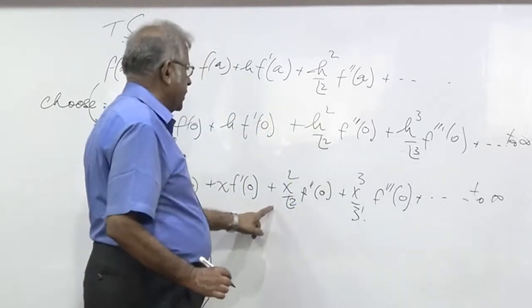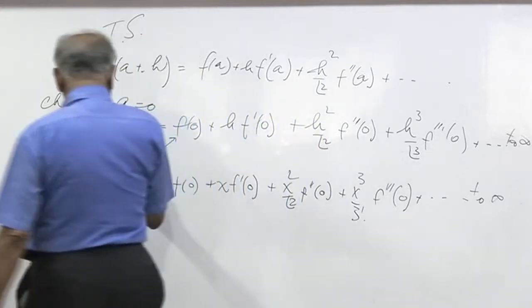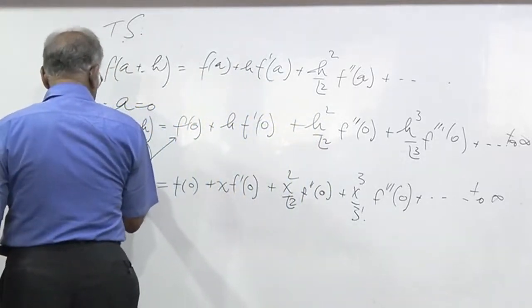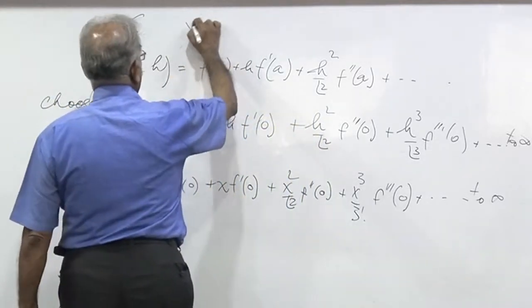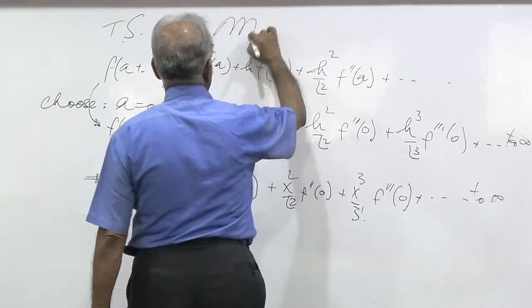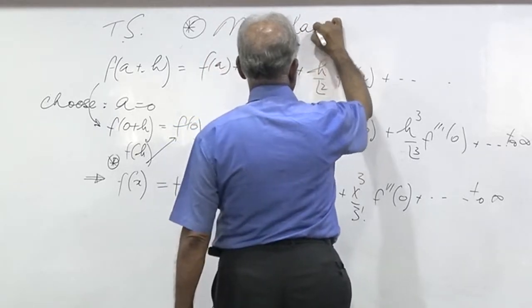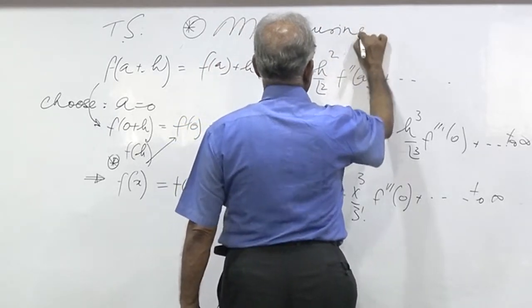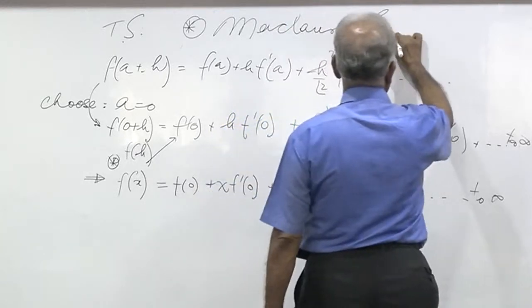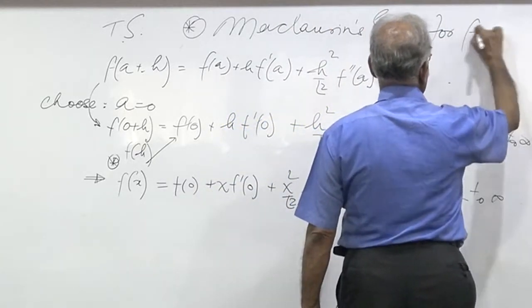So this last series, which I just put a star here, this star is called the Maclaurin's series for f(x).